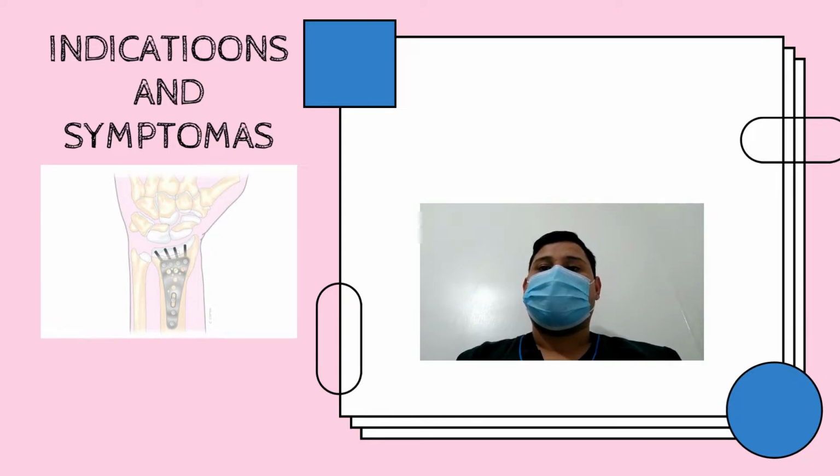Distal radius fractures are usually unstable. We have intense pain on palpation, inflammation, and deformation, after a fall on the arm, with rupture of the radius in the distal part of the arm.